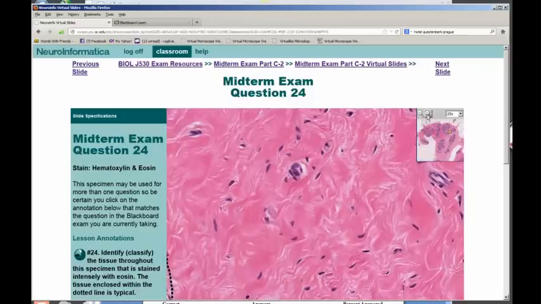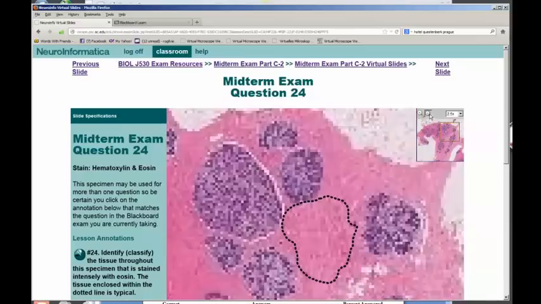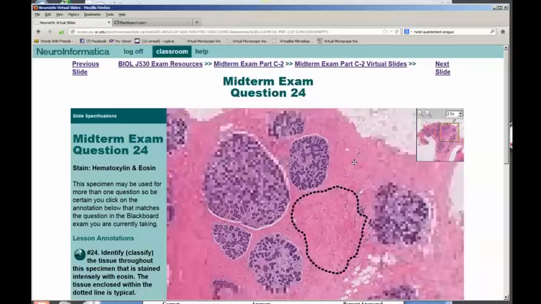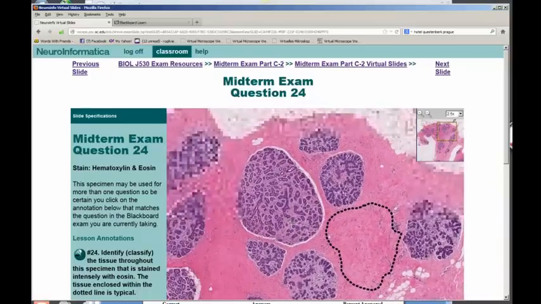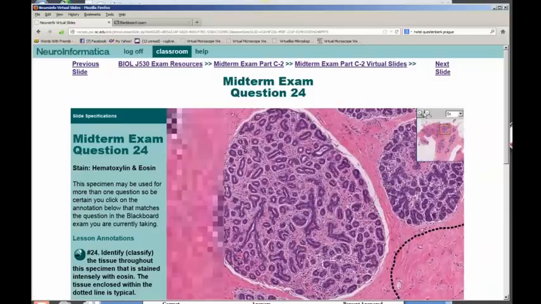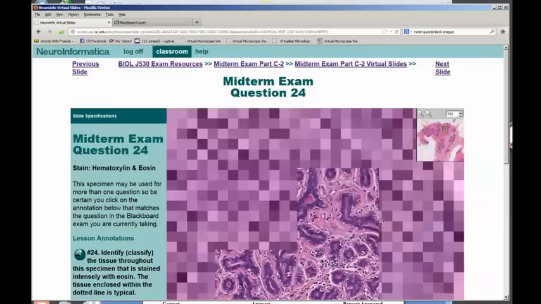Now, if we go back to lower magnification, we see that this tissue is scattered throughout. And what this is, is mammary gland. This is a mammary gland that is in a resting phase. It has no secretory units. All of these bluish areas are where the ducts are of the breast or mammary gland, and you're going to learn about that in Module 5.